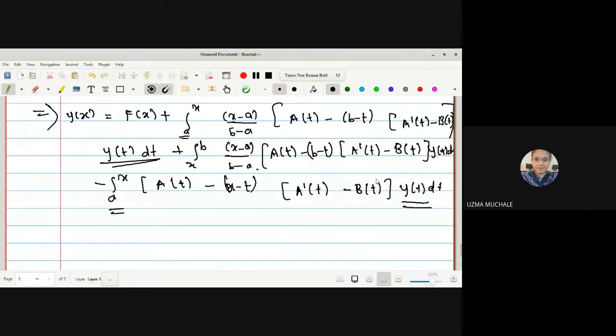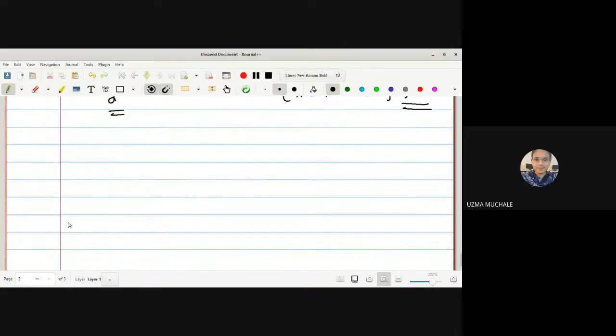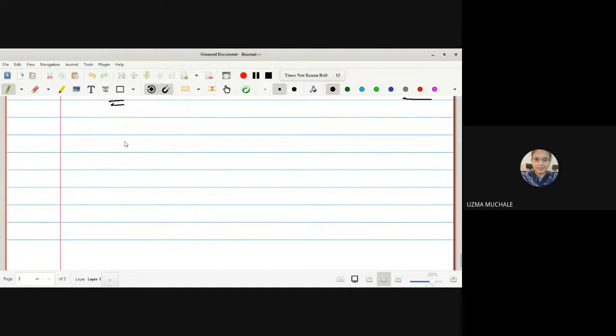So now we can write this as a to x in one bracket and x to b in another bracket. Y of x is equal to this f of x, the terms which are not involving the integration, plus integration a to x.